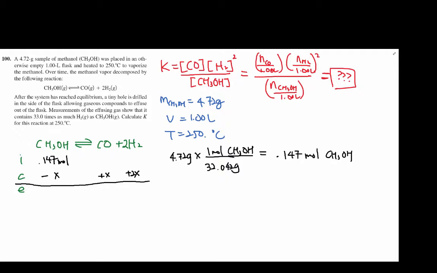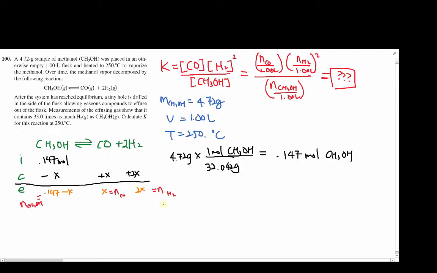So I'm going to use a different color. So this x stands for the number of moles of carbon monoxide, 2x stands for number of moles of hydrogen, and 0.147 minus x is the number of moles of methanol. Of course, these are all at equilibrium.